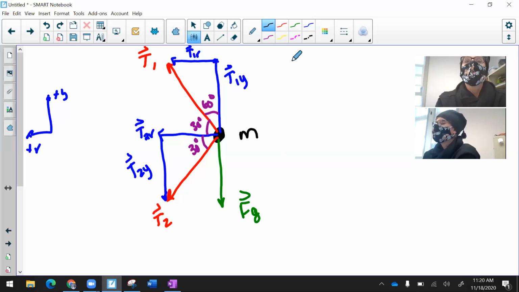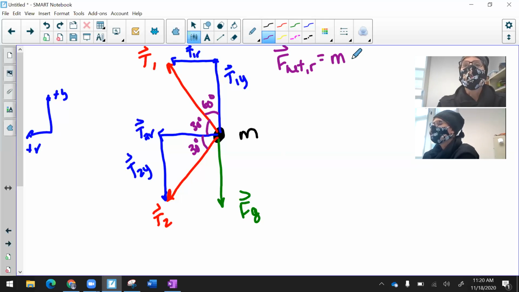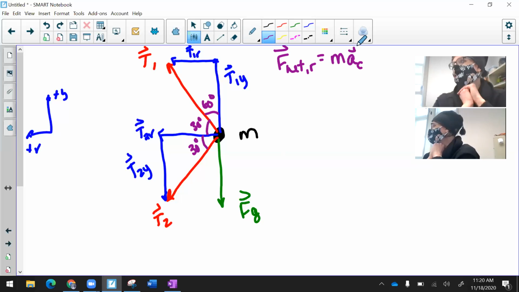R. Okay, so we can say that F net R is going to be equal to ma what? C. Okay, that's going to be the direction of our centripetal acceleration.